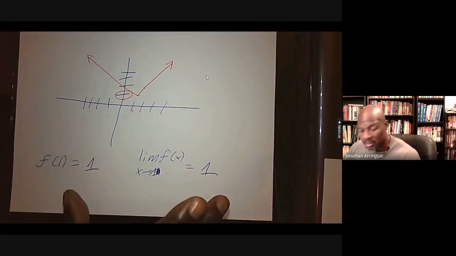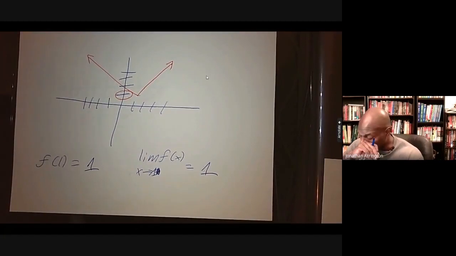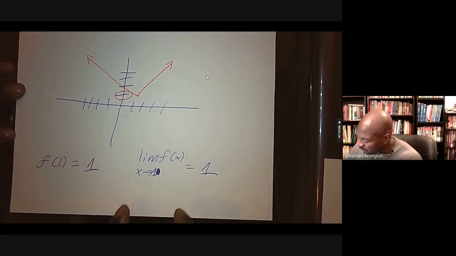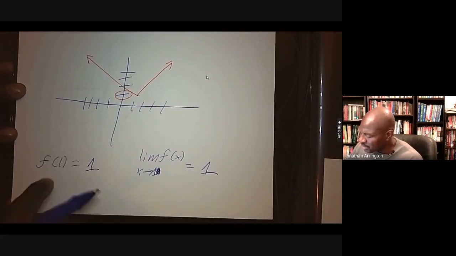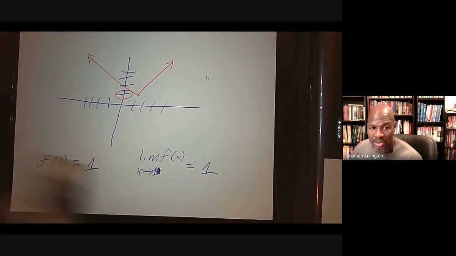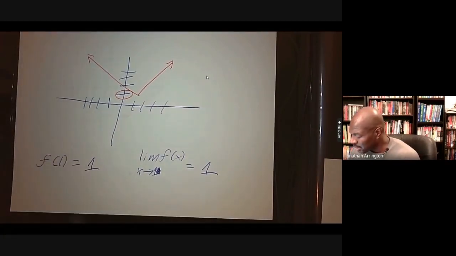It's a very special situation, like bring out the fancy wine glasses, where the limit as x approaches the number is equal to the value of the function at that particular number.